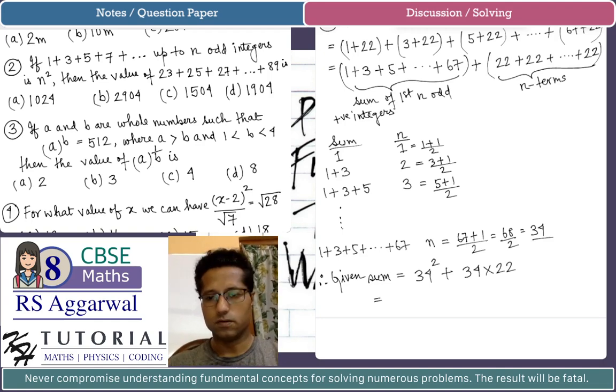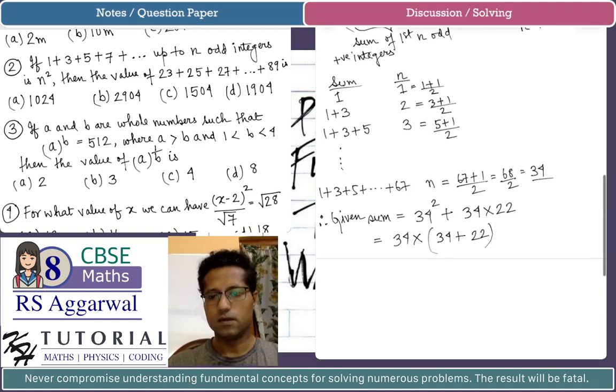Now, how do we quickly calculate this? You can take 34 common, and you have 34 plus 22, using the distributive law of multiplication over addition. This is 34 multiplied by 56.